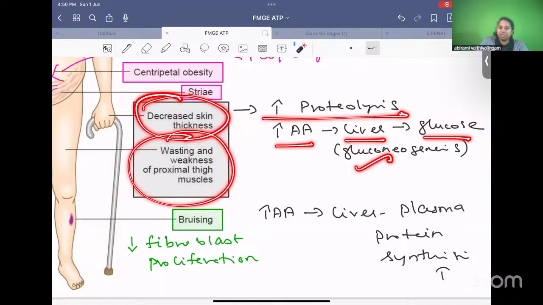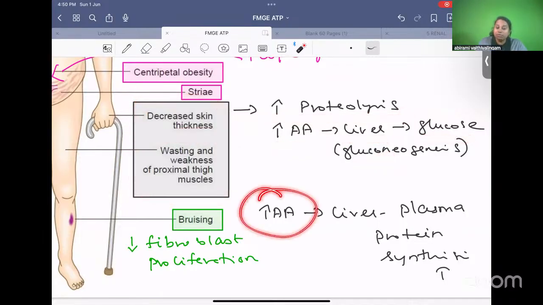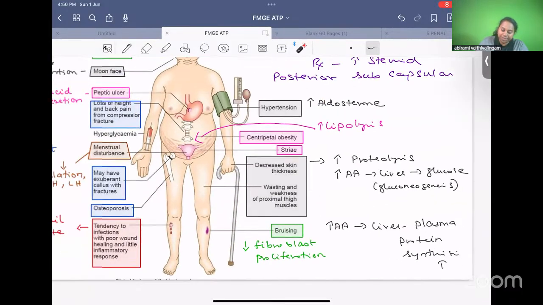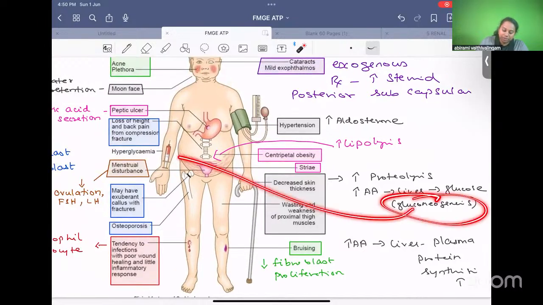New glucose is synthesized. Proteins are broken down, but glucose is synthesized. Some of the amino acids also enter the liver to form plasma protein. So muscle proteins are broken down, plasma proteins are synthesized. When you have gluconeogenesis, this will result in hyperglycemia. That's why Cushing syndrome patients are diabetogenic. They are prone to hyperglycemia.